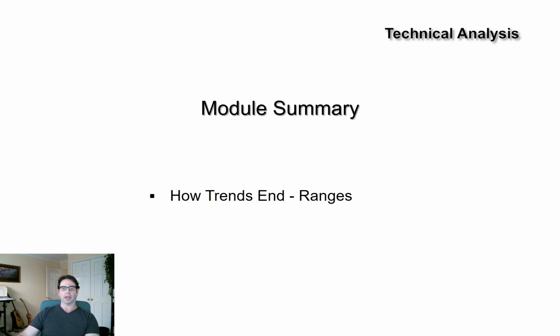Okay, now as this is the end of the current module, we'll just do a quick summary. In this module we looked at how trends end, and we looked at the concept of when price goes into a ranging motion. We also looked at when trends end. We looked at where and how to determine price acceptance when it broke through anchors to determine reversal of price.